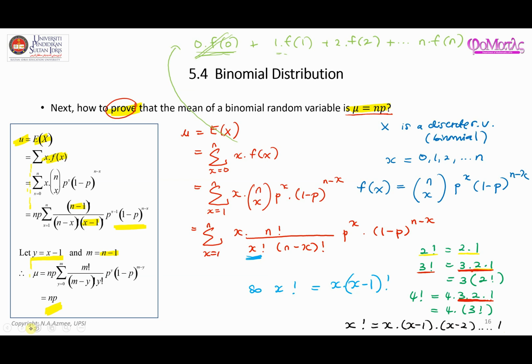And the whole thing here is going to be equal to x minus 1 factorial. So x factorial is equal to x times x minus 1 factorial. So we follow the pattern which you have already seen in these 3 cases above. I hope that is clear for you guys.